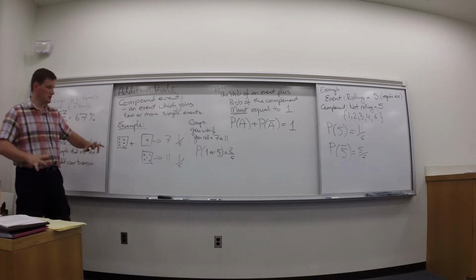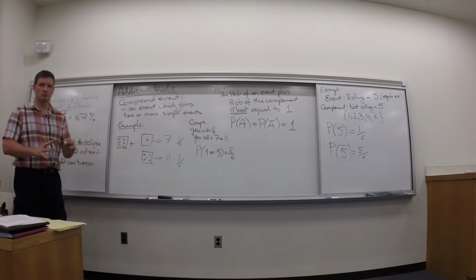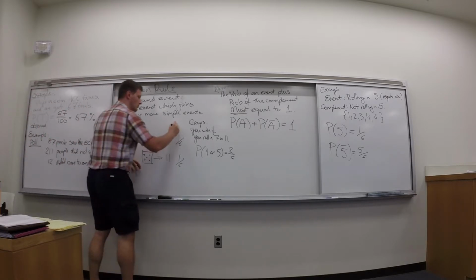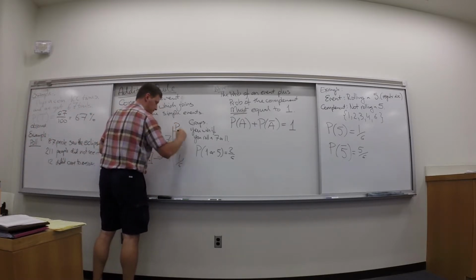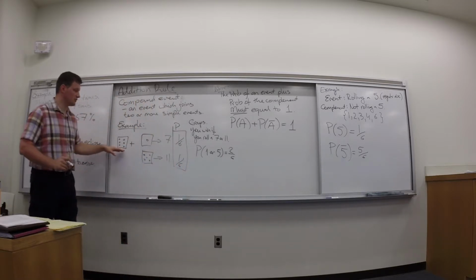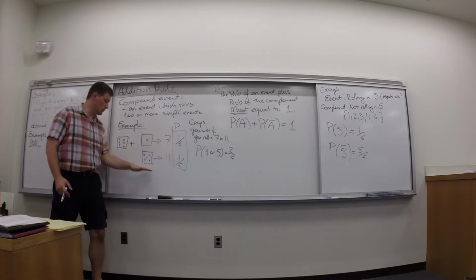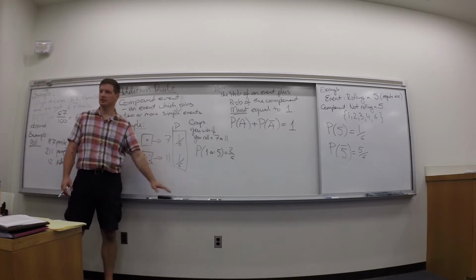Again, this is a very premature example of what we're going to talk about, but one that should give you an idea of how to do it. The probabilities for both cases: to roll a 1 on a 6-sided die is 1 out of 6. To roll a 5 on a 6-sided die is 1 out of 6.